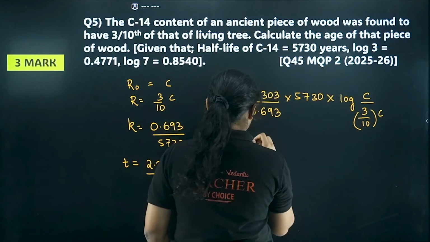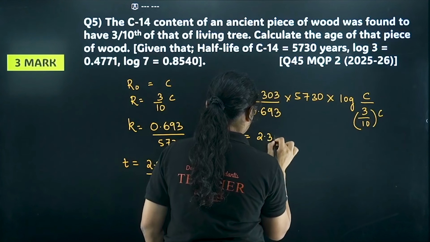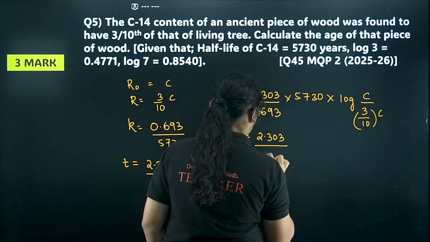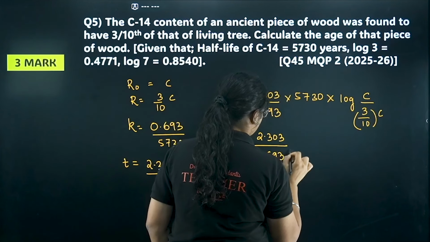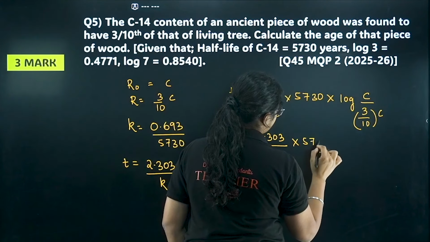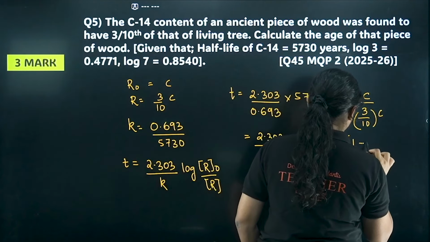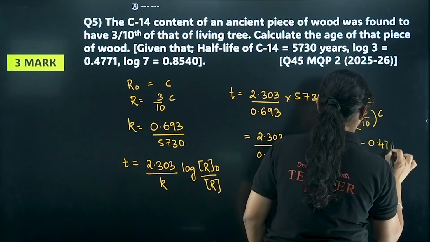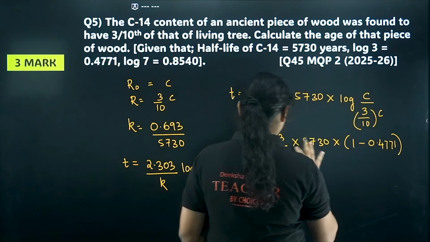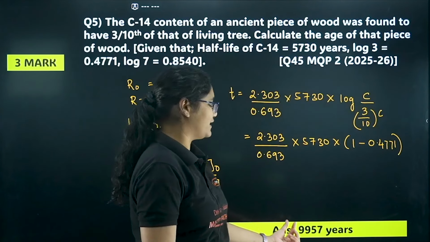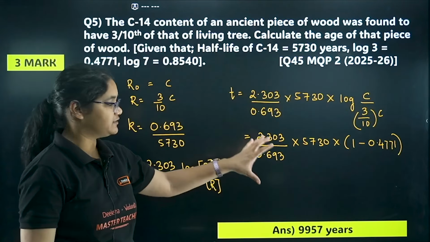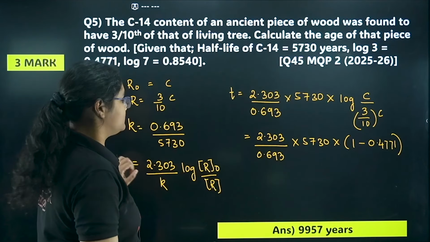Now here we will have 2.303 by 0.693 into 5730 into log 10, which is 1, minus log 3, which is 0.4771. Now if I solve this, you will get the value of 9957 years. You can calculate this one and check this value.